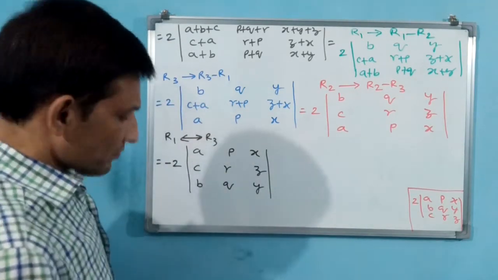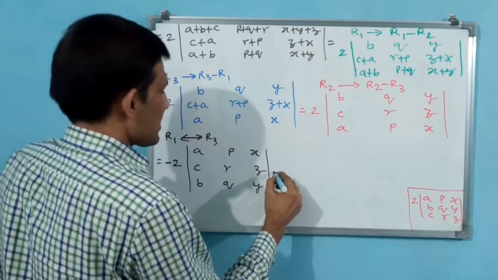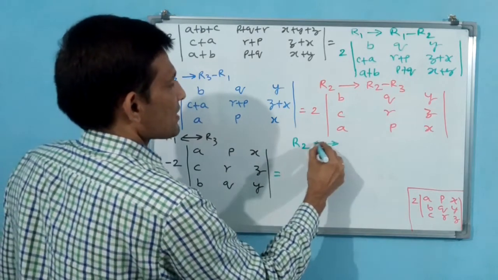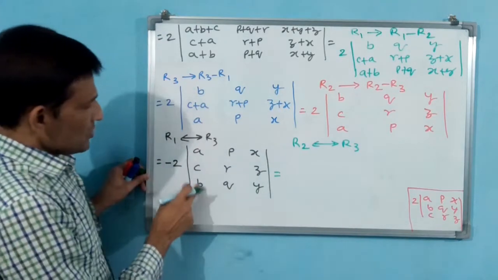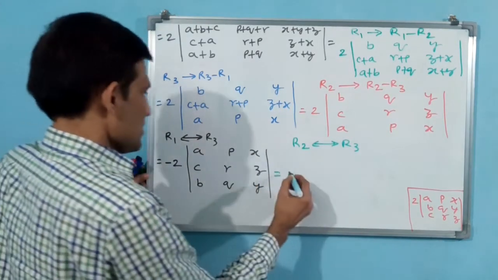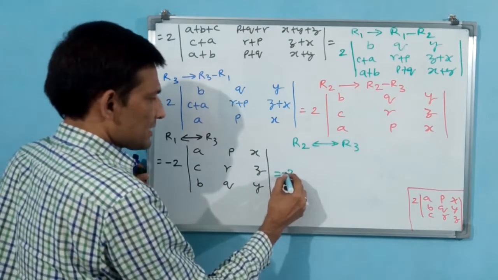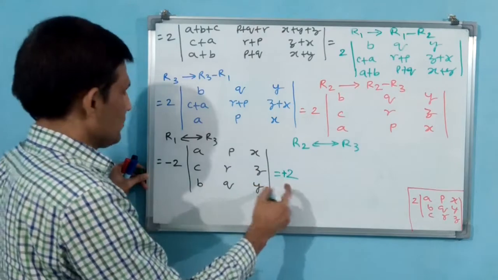Okay. Let us write now. You see. Now what I am writing, that is equal to, R2 and R3 I am interchanging. Now this minus of minus, then plus will come. Or else I will write like this. Why? Because first minus is there, then again it has become plus 2.